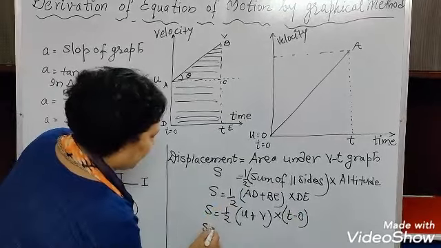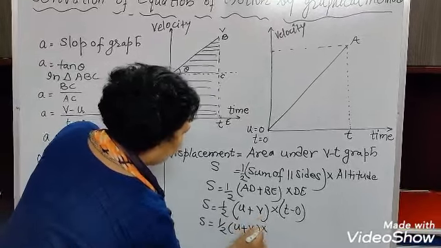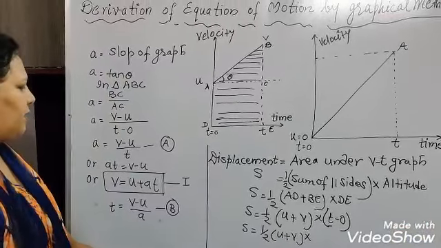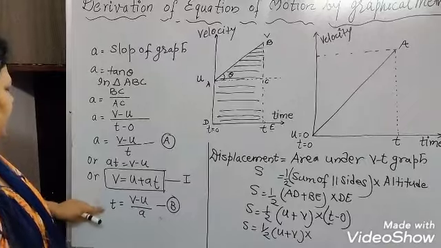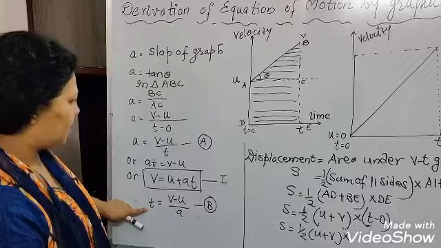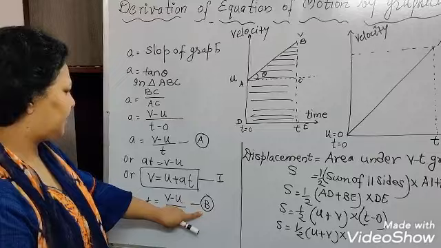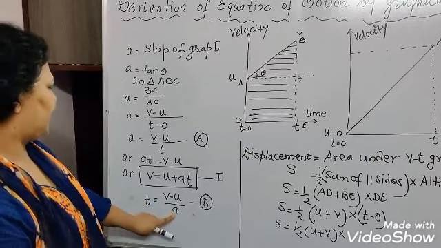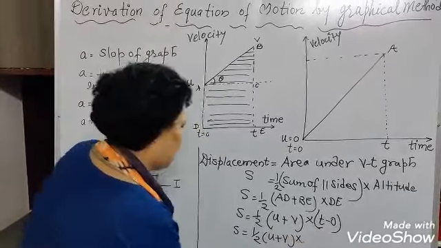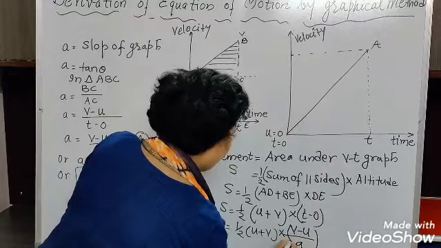What will you find then? S is equal to half u plus v multiplied by t. Now replace t with the formula from the first equation, t equals v minus u upon a.